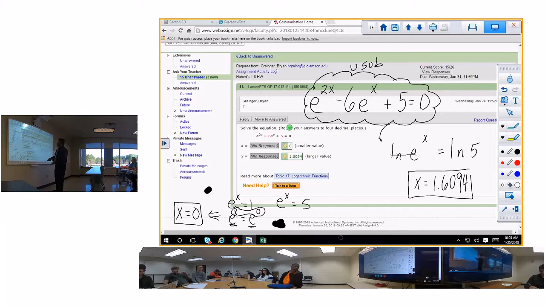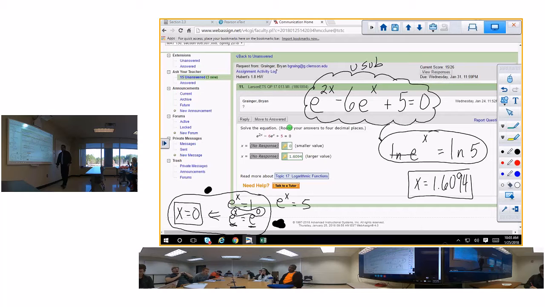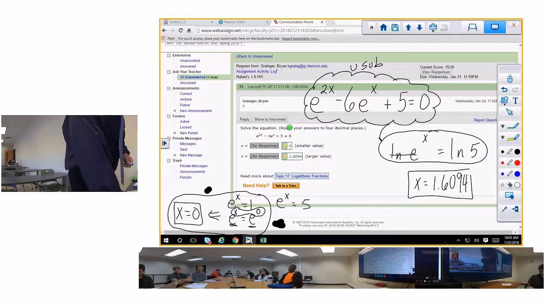The new review material is where the bases are equal to each other, the exponents are equal to each other, and taking the natural log of both sides, which a lot of you should have learned back in 109 when you were doing logs. Okay, so that takes care of that one.